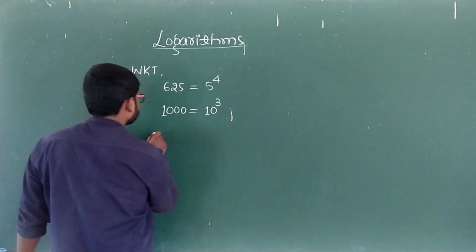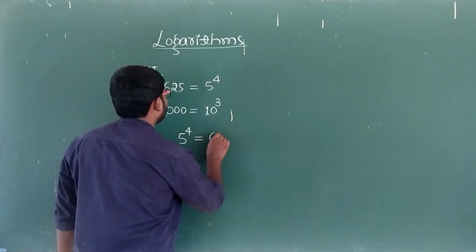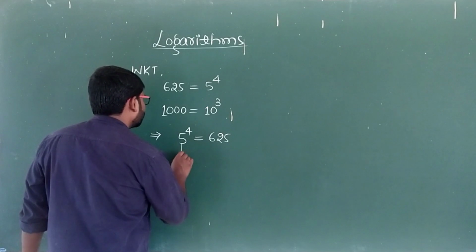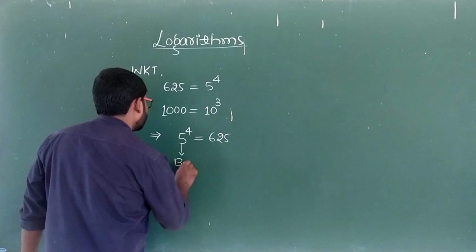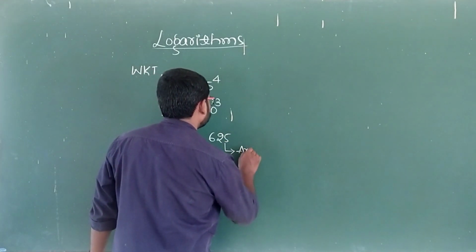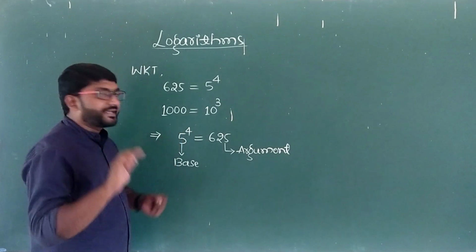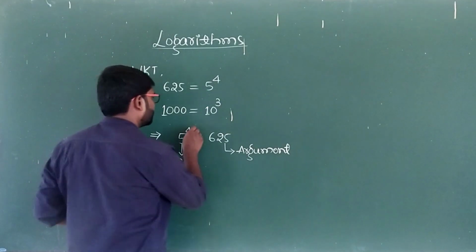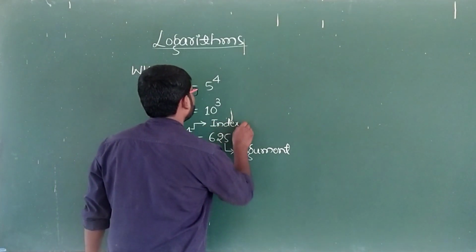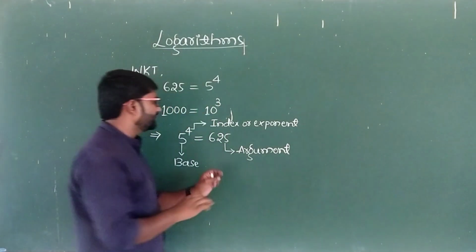So 5 to the power 4 is equal to 625, where 5 is the base and 625 is the argument. 4 is the exponent or the power or the index. So this is the basic information.